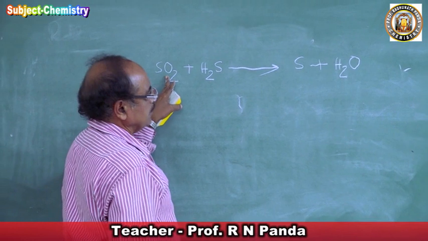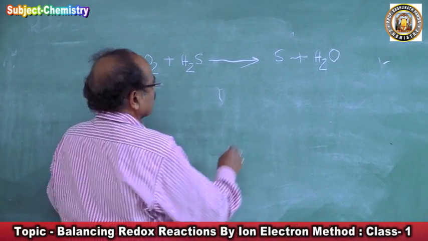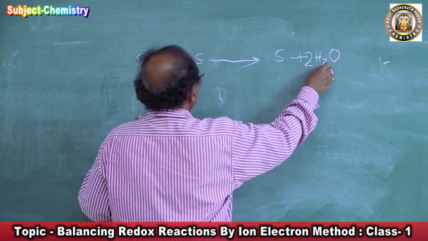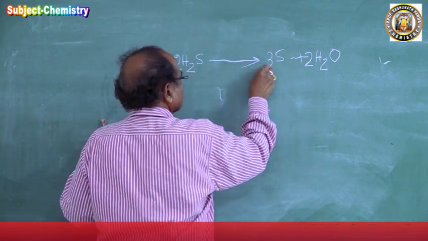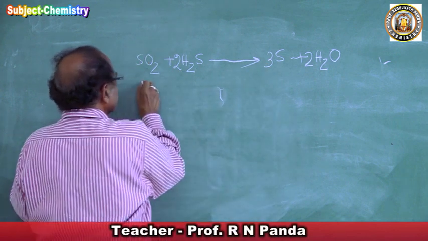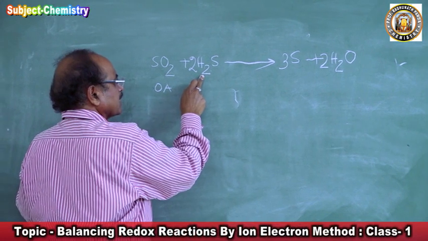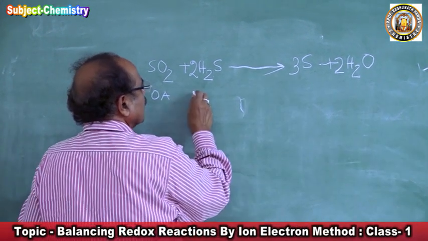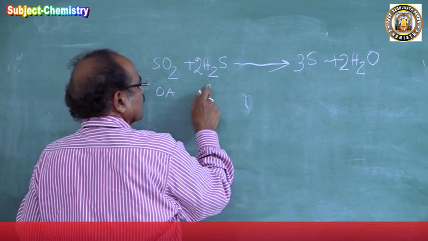SO2 plus 2 H2S gives 3 S plus 2 H2O. So sulfur dioxide is the oxidizing agent. It brings out oxidation of hydrogen sulfide to sulfur. Sulfur dioxide oxidizes H2S to sulfur.